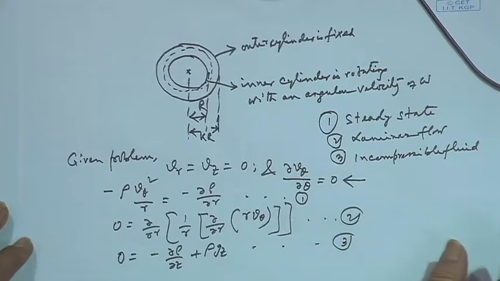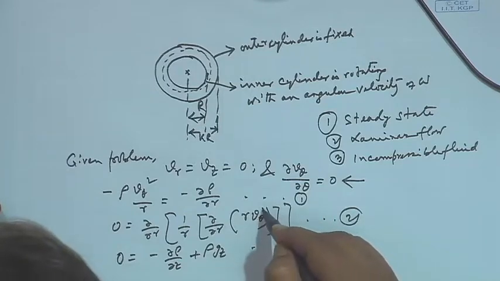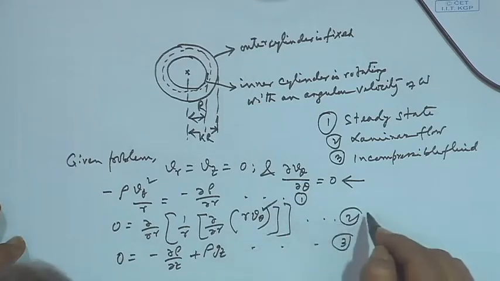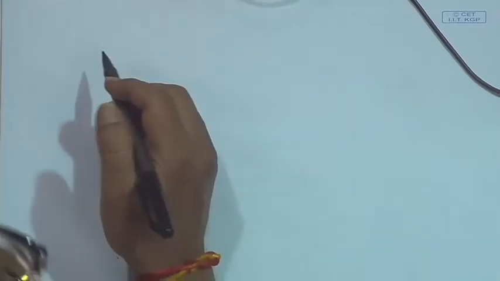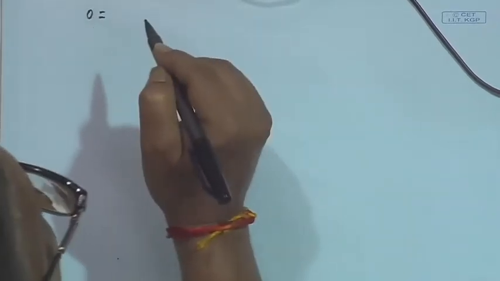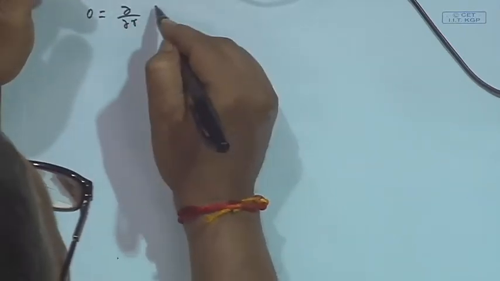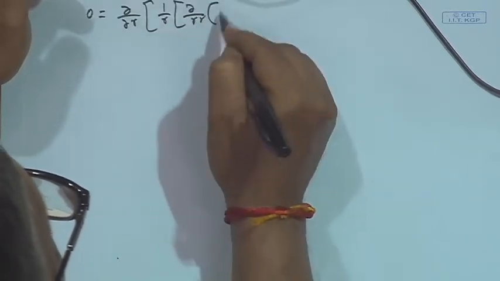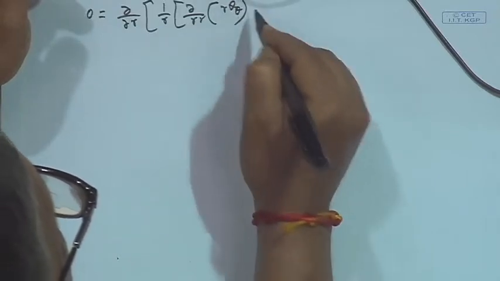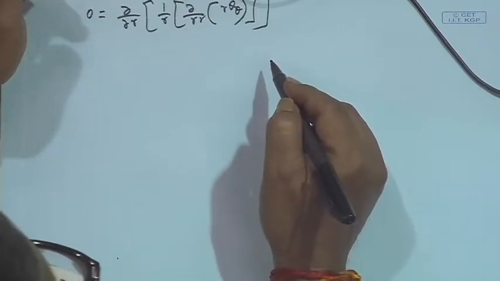Now, from these three equations, since we need the solution of V theta, if we take this equation, then we can lead to the solution. If we rewrite, we can write del by del r of 1 by r del by del r of r V theta equals 0.